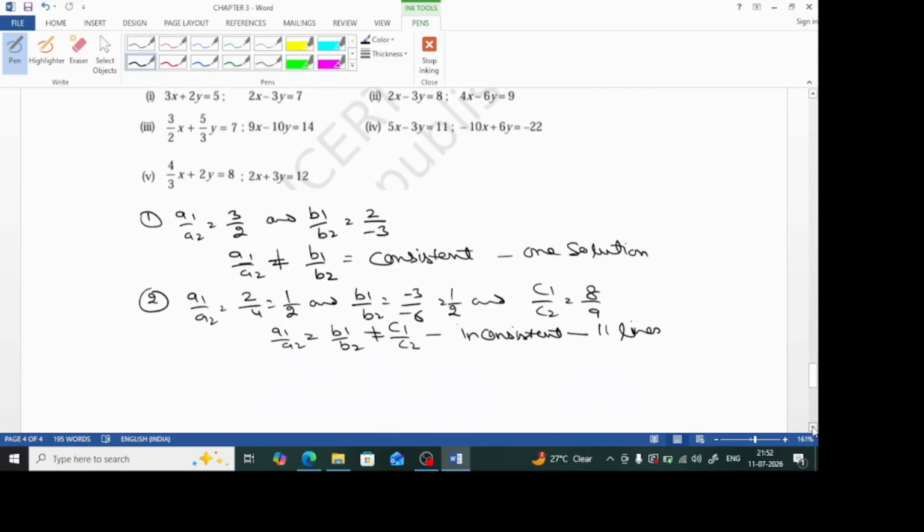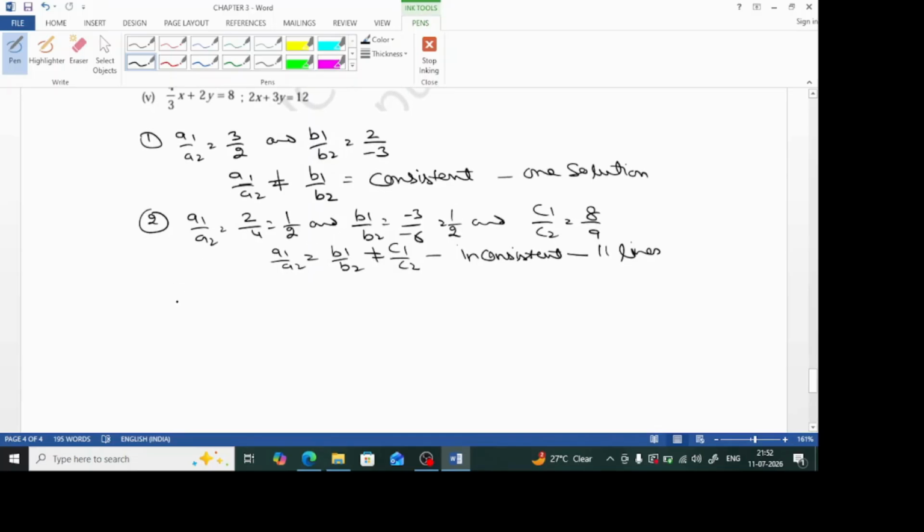Now come to the third point. Third point is here a1 upon a2 is equal to, our a1 is 3 by 2 and a2 is 9. We will solve it first. 3 by 2, 9 by 1, we can write it 9 by 1 into 1 by 9. It will become 1 by 6.